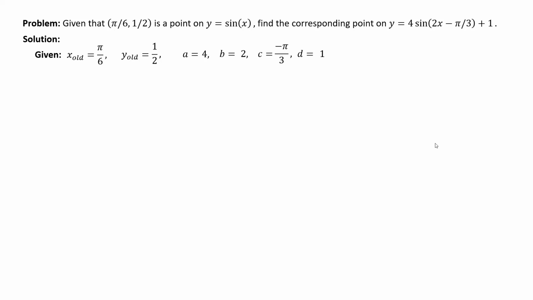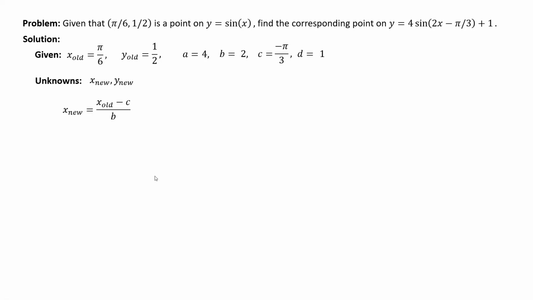Cool. If you have identified all these a, b, c, d, and x old, y old, all we need to do is use our formulas. Those are the given quantities, and the unknown quantities are x nu and y nu. And we have formulas. x nu equals x old minus c over b, and y nu equals a times y old plus d.